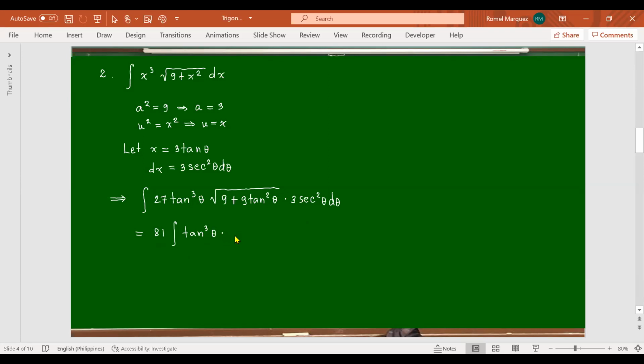Inside the radical, I can factor out 9. So then remaining we have 1 plus tangent squared theta. But what is 1 plus tangent squared theta, guys? That is equal to what, guys? Secant squared, right?